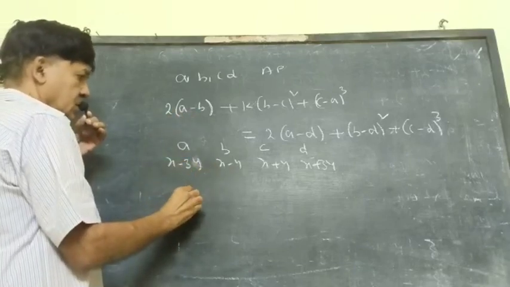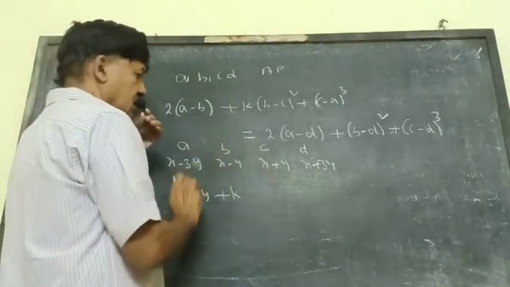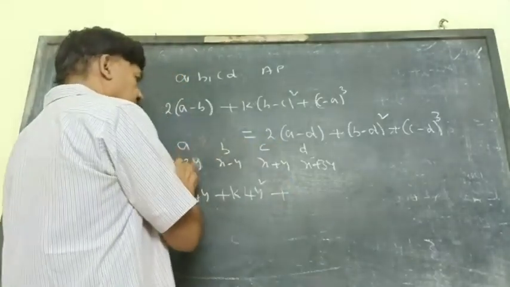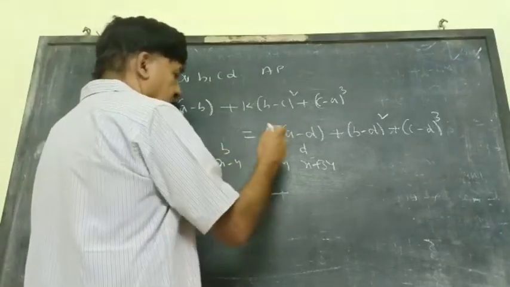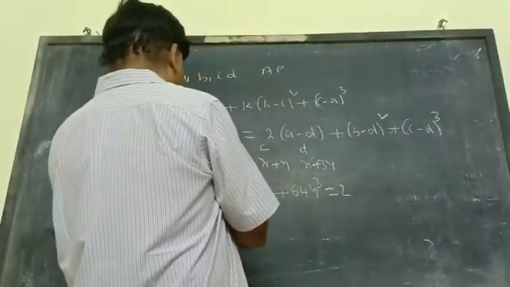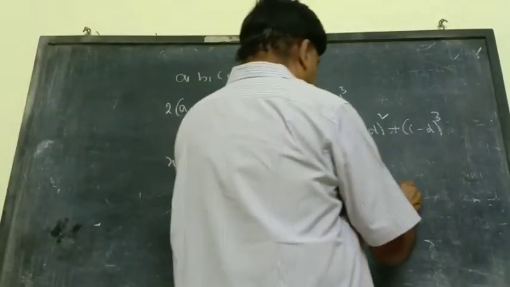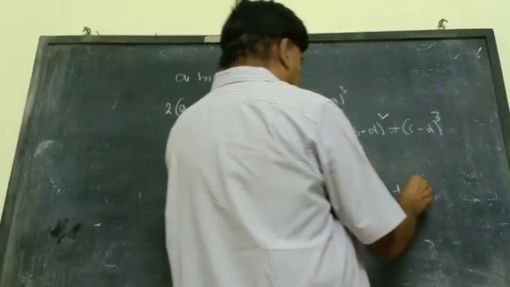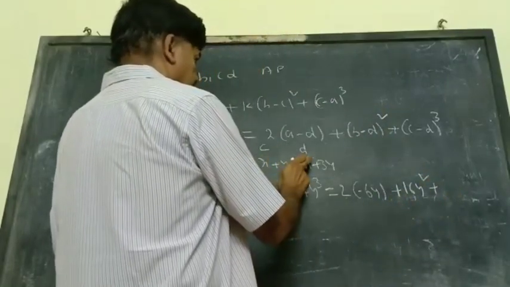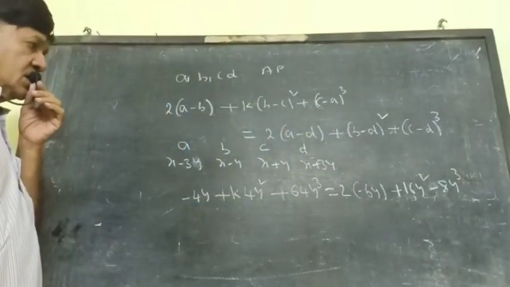A minus B means you get minus 2y, so 2 into that is minus 4y, plus K into (B minus C) whole square means 4y square, plus (C minus A) means 4y whole cube, 64y cube, is equal to 2 into (A minus D) means minus 6y, plus (B minus D) is minus 4y whole square, it is 16y square, plus (C minus D) is minus 2y, whole cube is minus 8y cube. You will get like this.